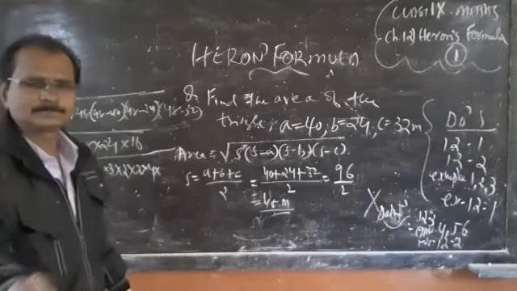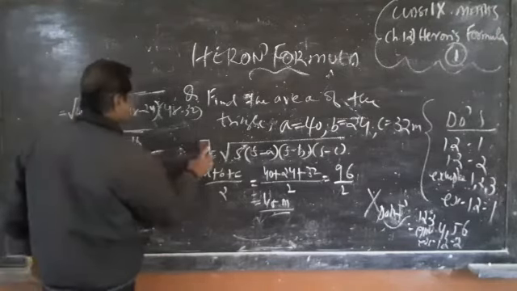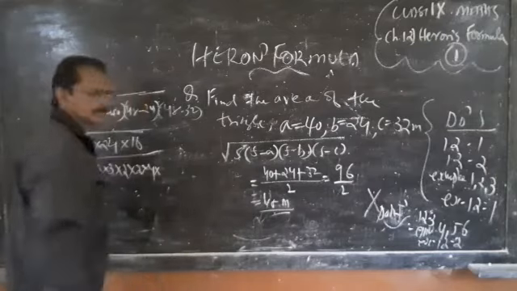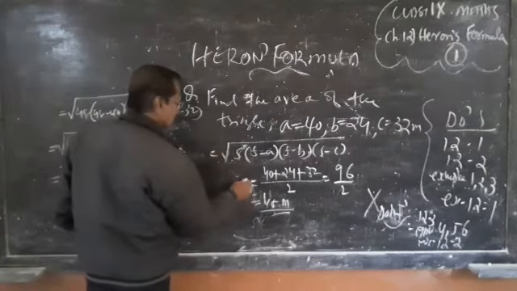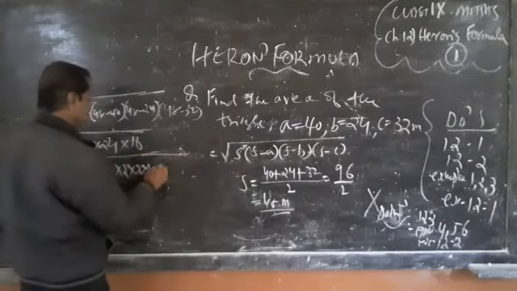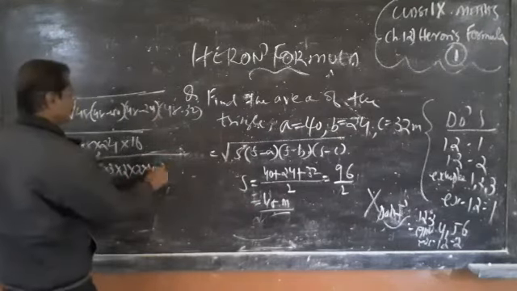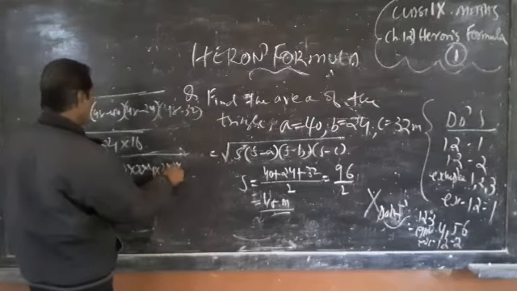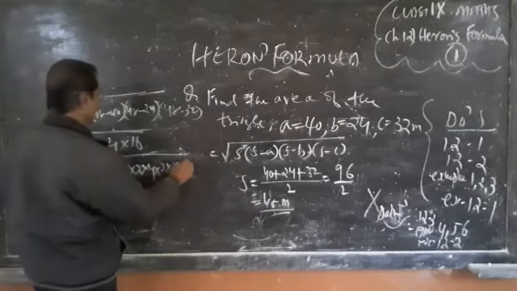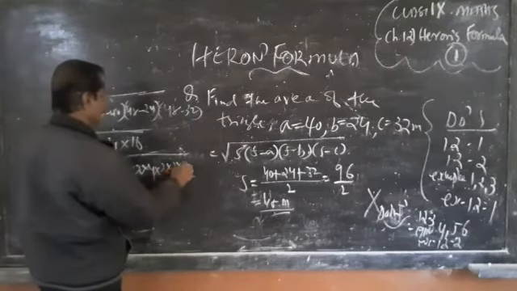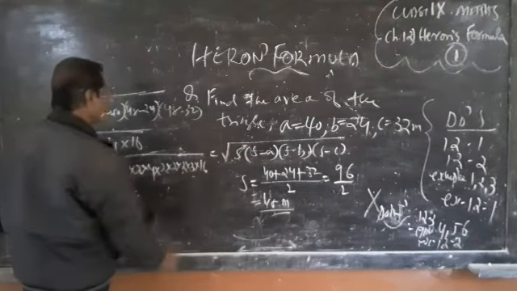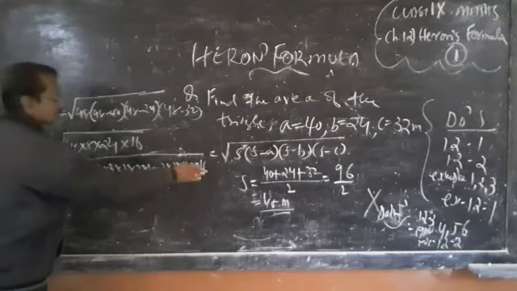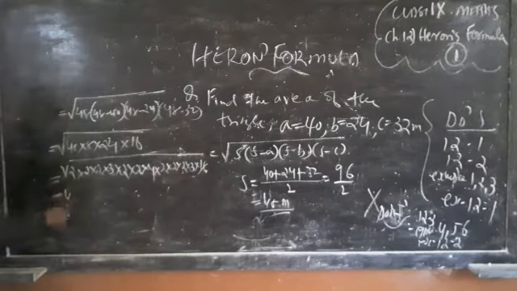The factors of 24 are 2 into 2 into 2 into 3. Now 16 you can take as it is, a perfect square factor. Root 16 is 4.